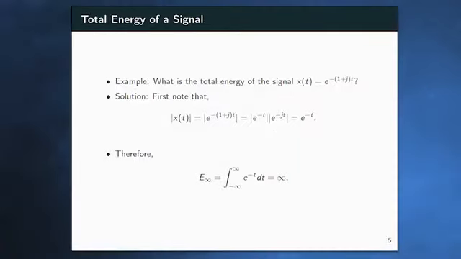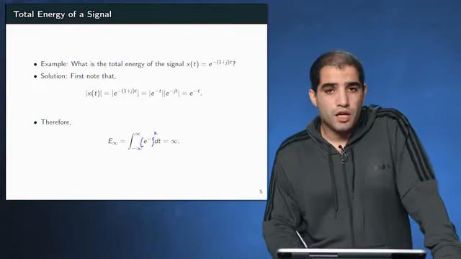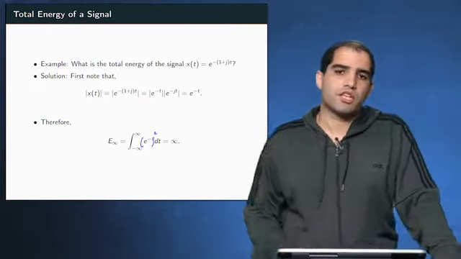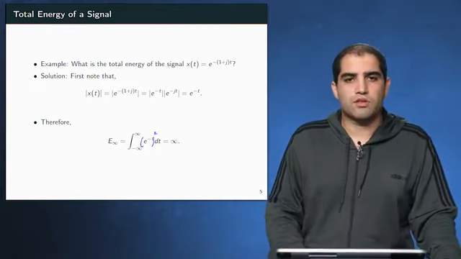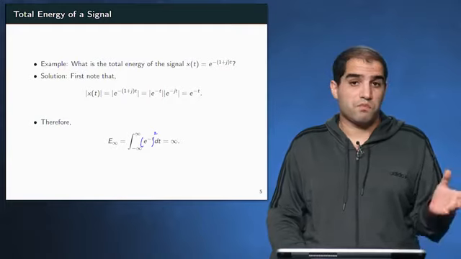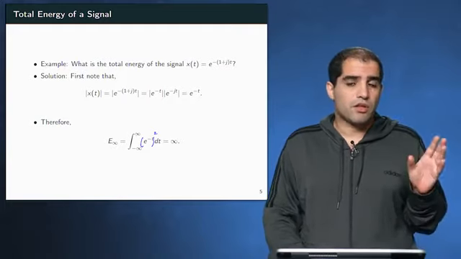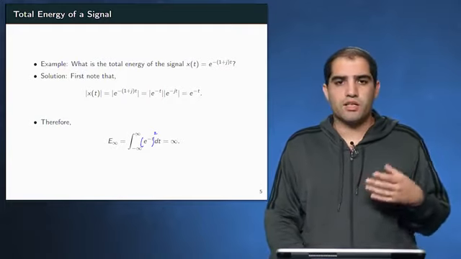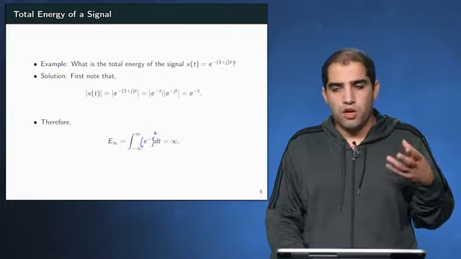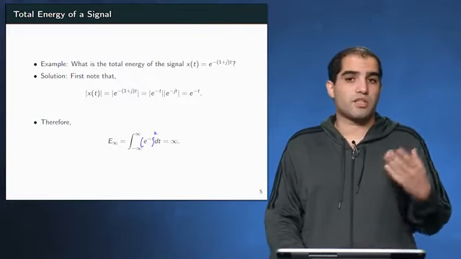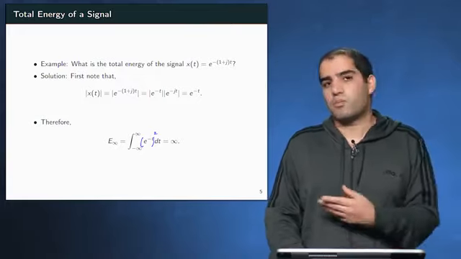So therefore, the total energy is going to be the integral of e to the negative t square, which is e to the negative 2t dt. You may be tempted to say that the integral of e to the negative 2t is going to be finite, but always have this in mind that pure exponentials always extend to minus infinity and positive infinity.